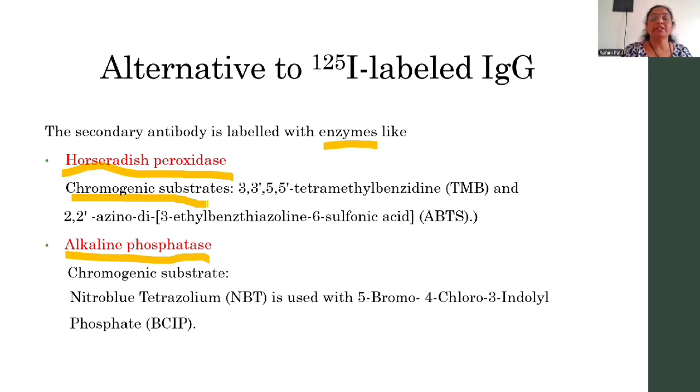That's why the substrate is called a chromogenic substrate. So after the reaction, there is a development of color, and wherever there is a development of color, those colonies are going to be considered as the clones which are expressing the protein.